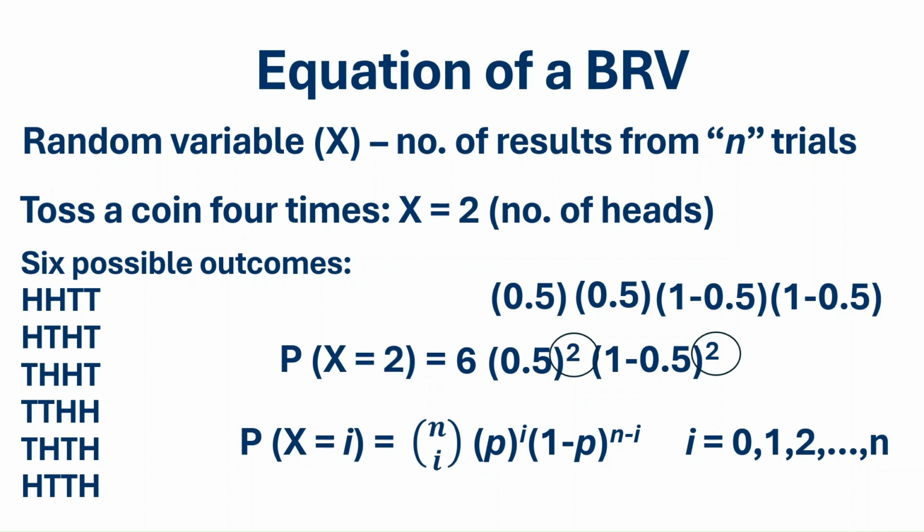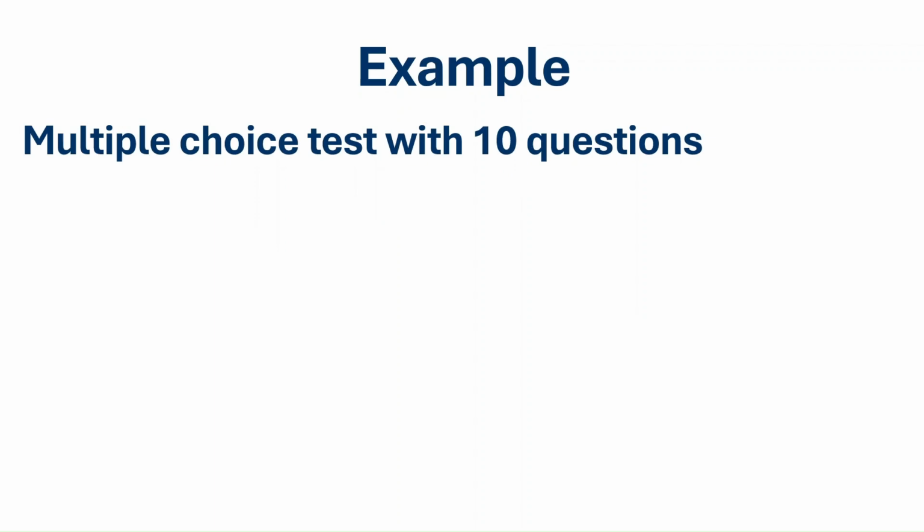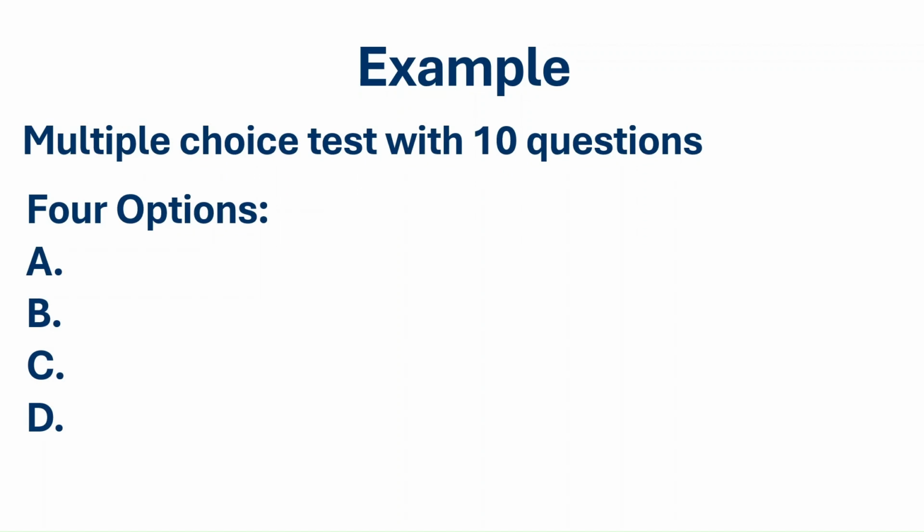So what we're going to do now is look at an example of how we can model a real situation using binomial random variables. Imagine you are taking a 10-question multiple choice test where each question has 4 options A, B, C, D, and you don't know any of the answers. So what you do is you randomly guess for every question.